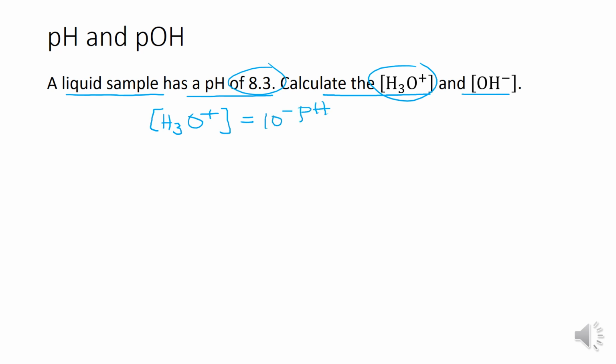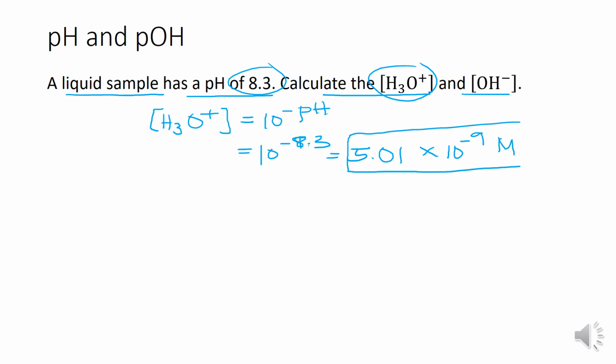So let's plug in the given pH. So that is 10 to the negative 8.3. And from the previous slide, this is equal to 5.01 times 10 to the negative 9 molarity. So that is a final answer for the concentration of hydronium ions.